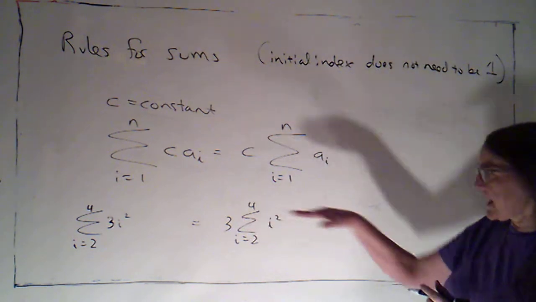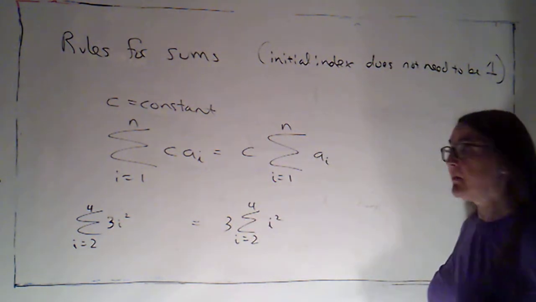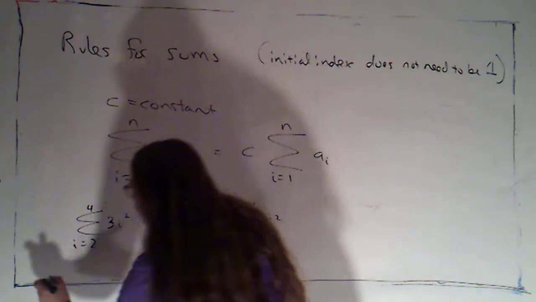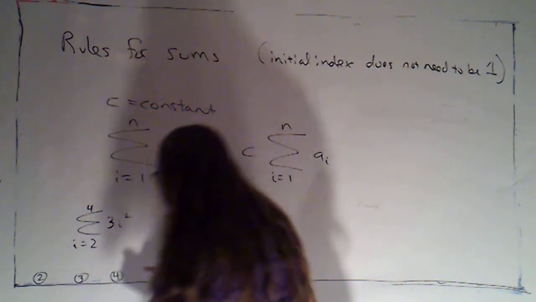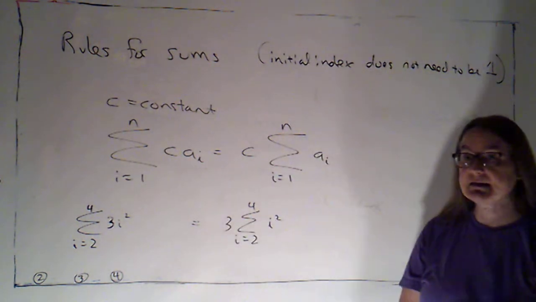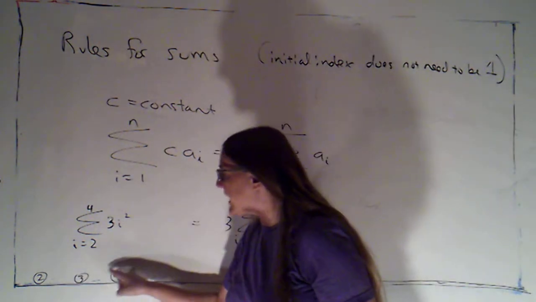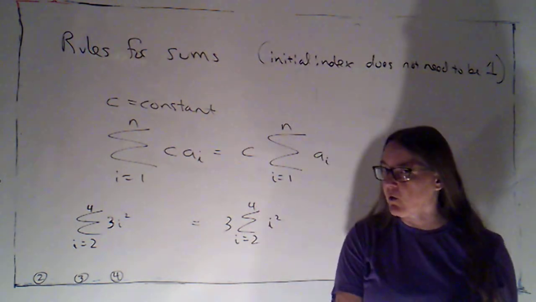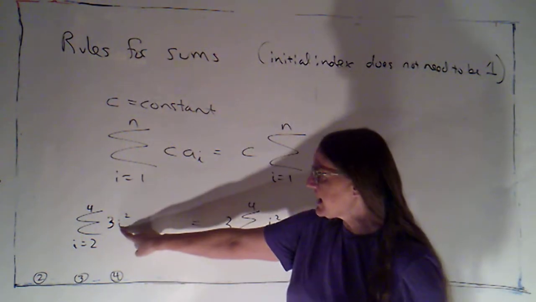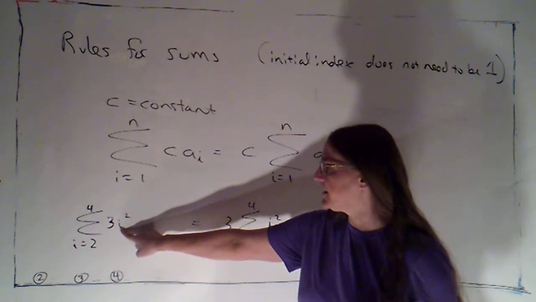So what I'm going to do is I'm just going to write out both sums term by term. I find it helpful to just start with my initial index and count until I get to my ending index. Now, I usually will circle that index because those aren't the things that I'm adding. I'm not going to do 2 plus 3 plus 4. What I'm adding is what I get when I plug those numbers into this formula.